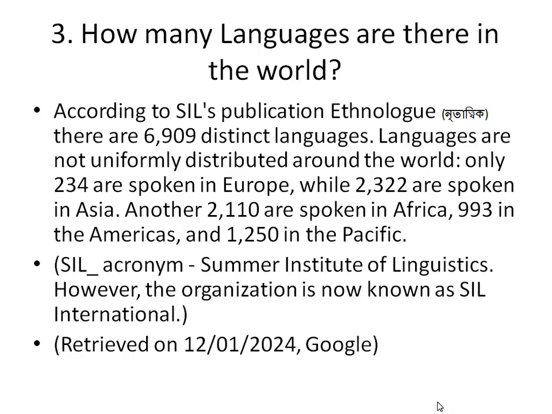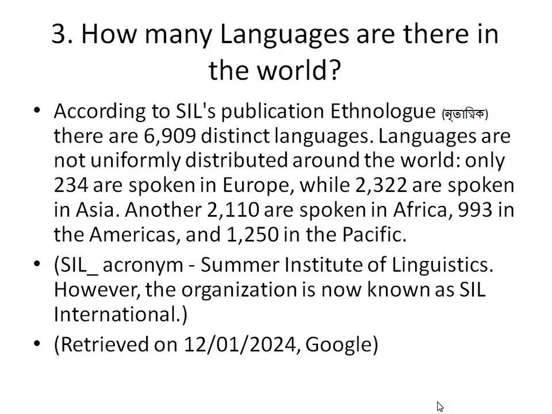In all the Americas you will see 993 languages, and 1,250 in the Pacific. That is the ratio and statistics we have got from that institution called SIL, that is Summer Institute of Linguistics.